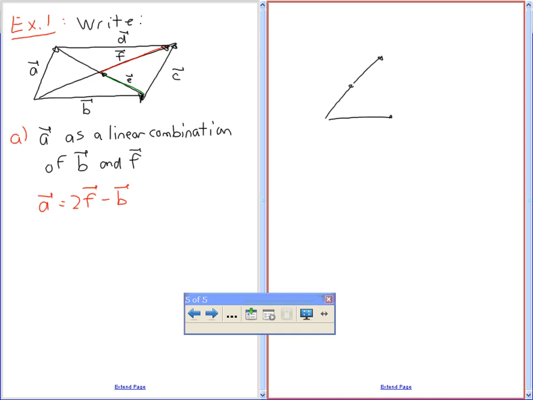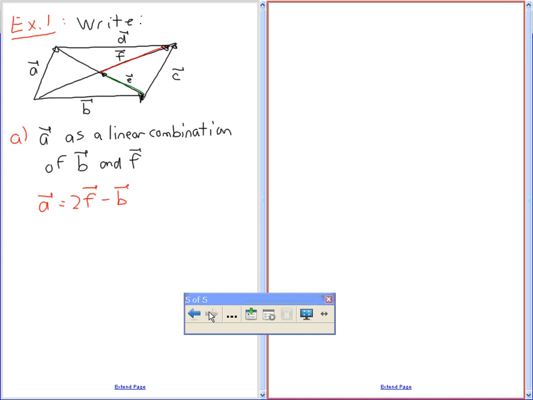Technically, if you add that and that, that's the same as where we have. Yeah, that should give you the same thing, yes. That should give you this.